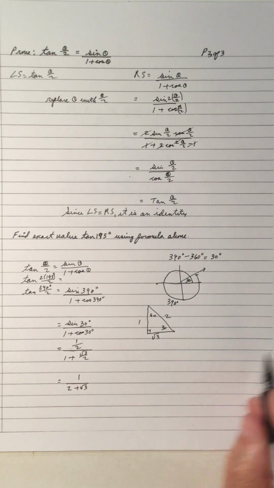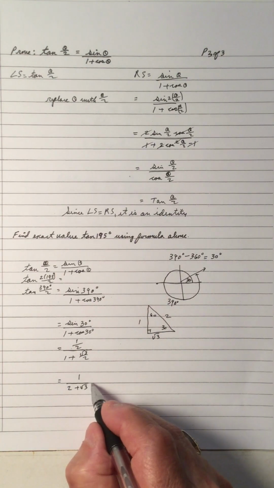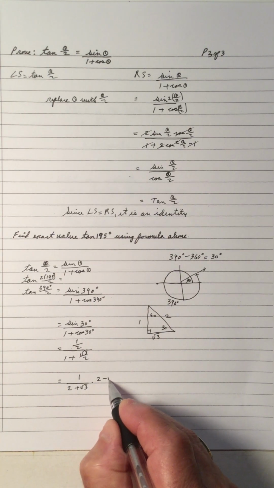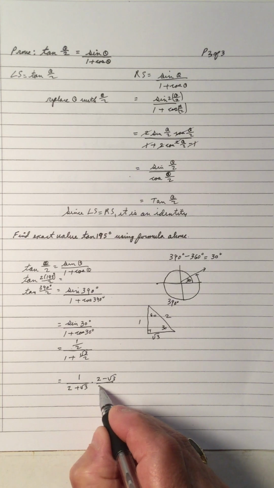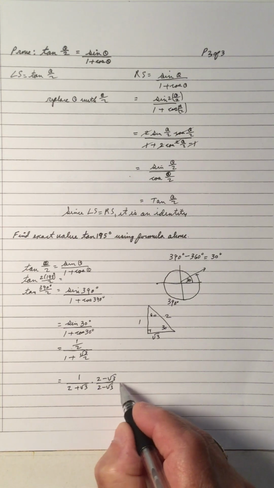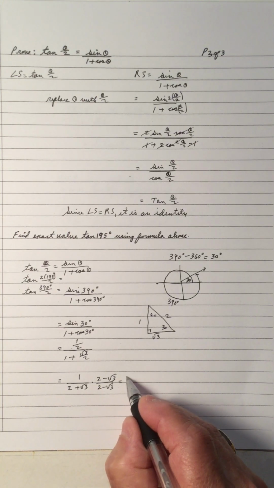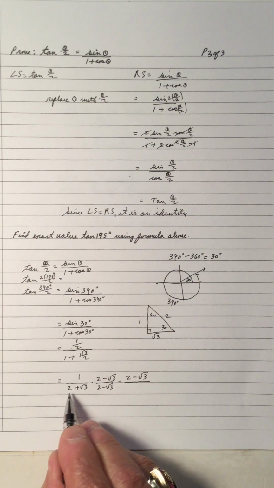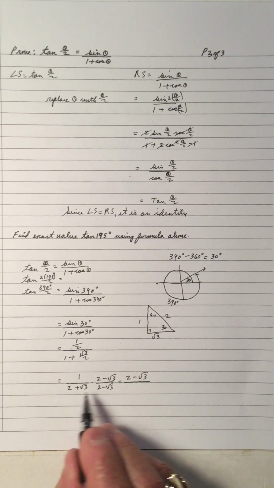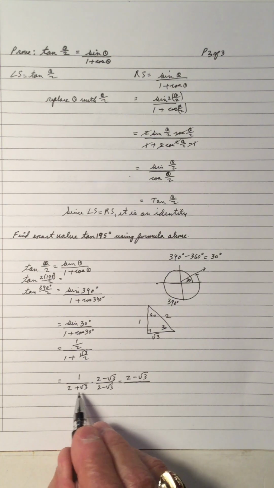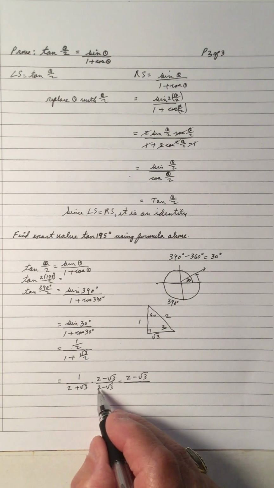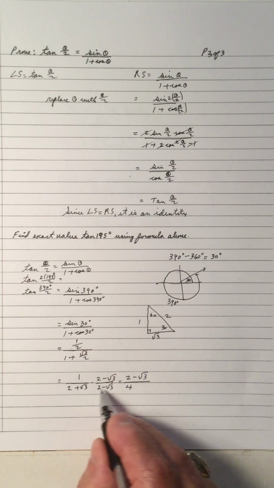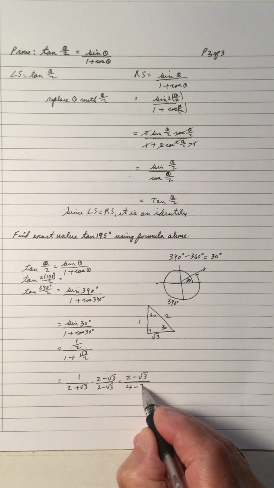And we have to rationalize, so we multiply it by 2 minus root 3 over 2 minus root 3. And that gives us 2 minus root 3 in the numerator. And when I multiply, these are conjugates of each other, radical conjugates. So I just got to multiply the first two, which is 4, and multiply the last two, which is negative 3.